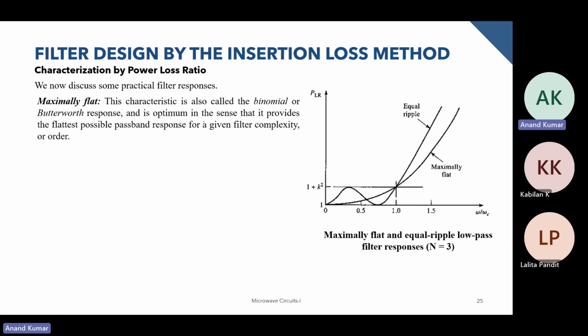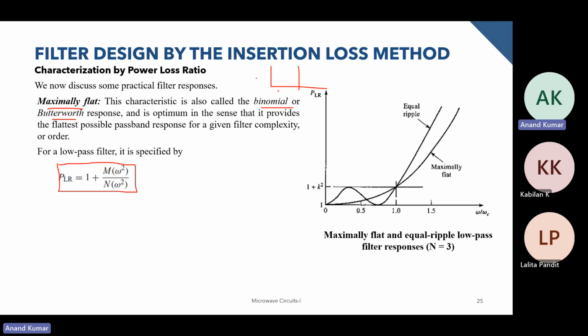So just in the previous slide, we derived this expression for a filter, and for a maximally flat or binomial or Butterworth filter, that is, we want a very flat response. For example, we're designing a low pass filter, so let's stick to the low pass filter.